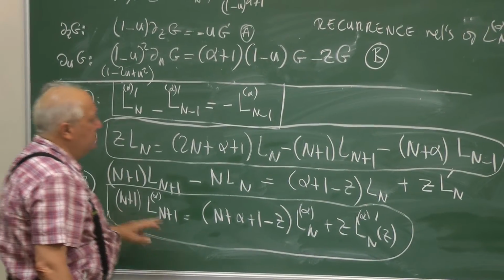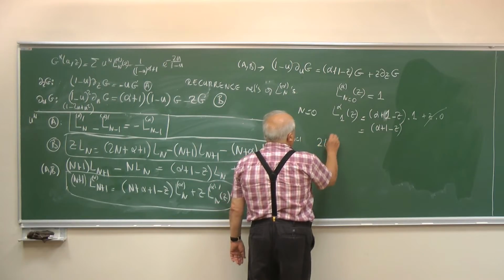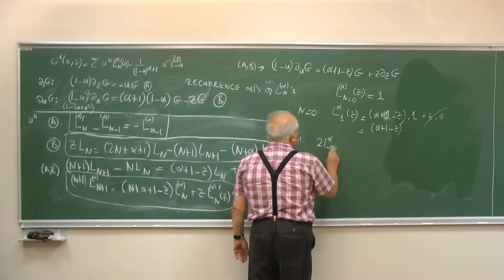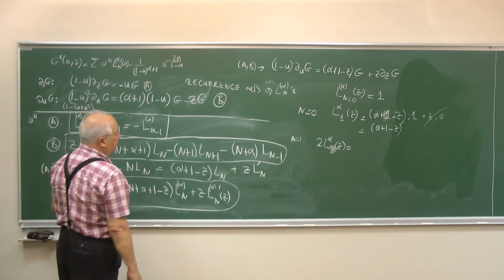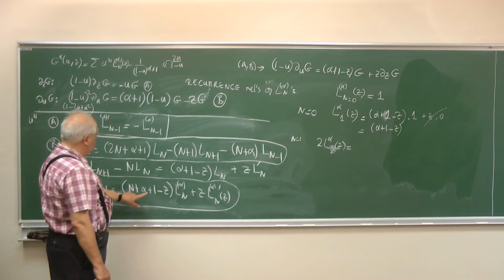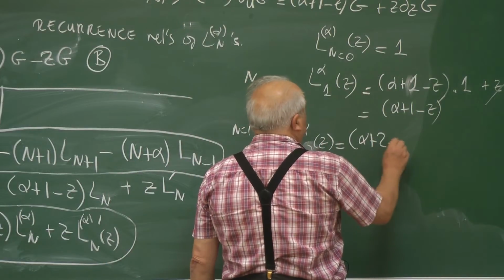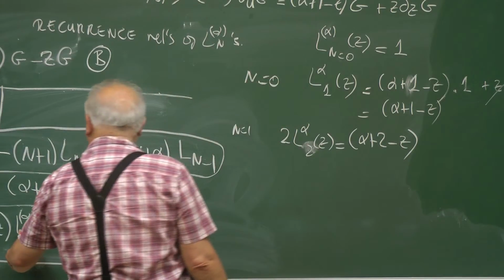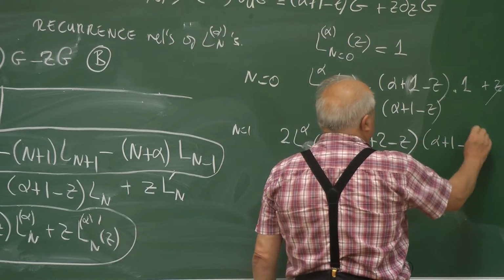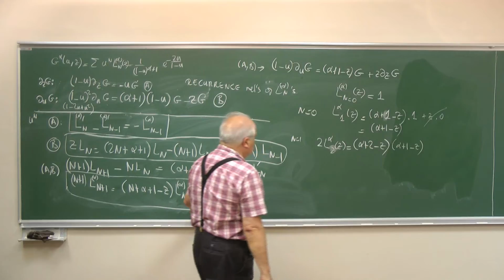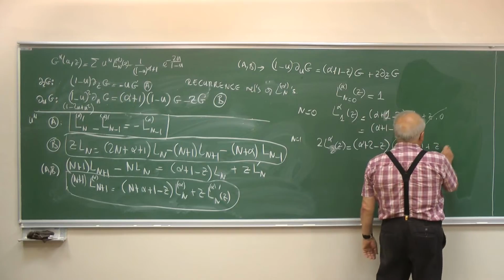So this is 2 times L alpha 2 of z, that's equal to, we put 1, so that's alpha plus 2 minus z, times L1, which is alpha plus 1 minus z, plus z times the derivative of the first one, that's minus 1, so z times minus 1.